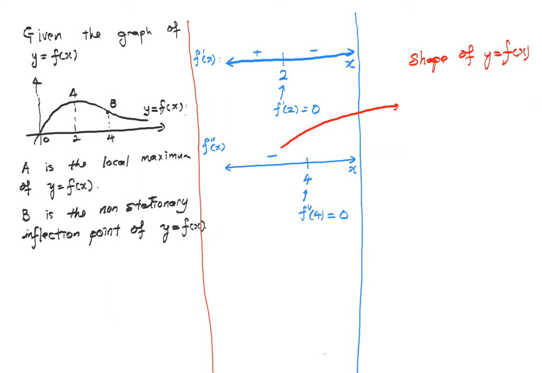Quick, I give you the answer already. Nothing to do with local maximum. Yes, because the shape of the graph of y equal to f(x) is concave downward. So negative.